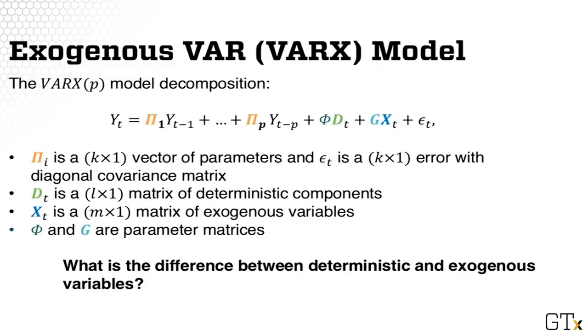The general form of the VAR model with deterministic terms and exogenous variables is given by the model formulation on the slide. In this formulation, dt is a matrix of deterministic components and xt is a matrix of exogenous variables. I'll introduce those two components in the next two slides.